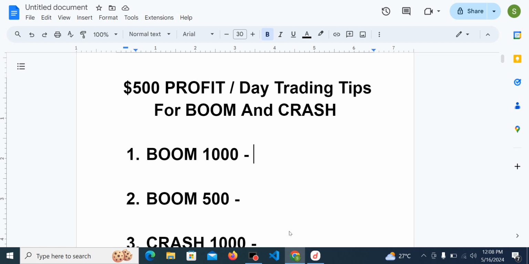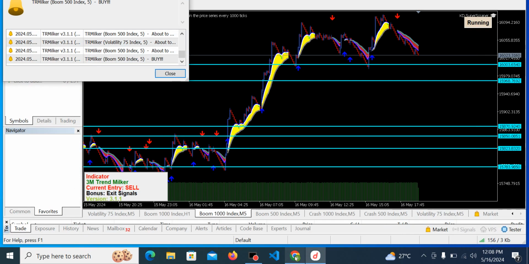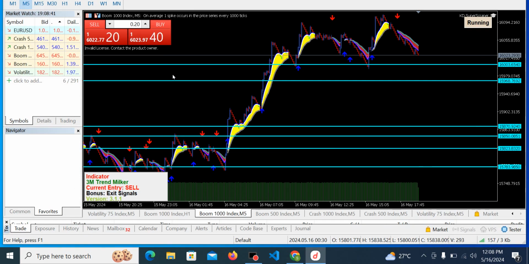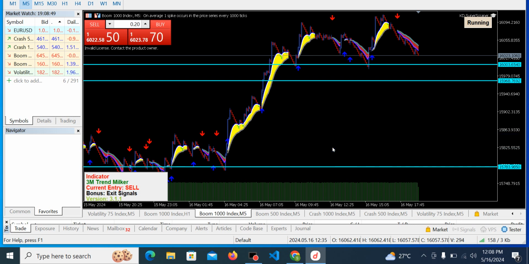Okay guys, quickly let's go straight into what we have right here, starting with Boom 1000. So this is Boom 1000. I'm on the 5-minute time frame using the 3M Trend Mioka trading indicator, and of course we will be going on with the analysis right away. So this had been an uptrend right from this support zone.